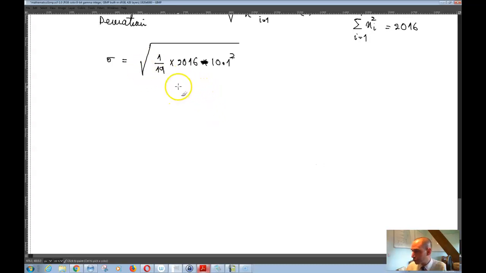In this solution, I'm getting a value of 2.02. So that is the value of your deviation for case 1. Now we need to go back and solve case 2.